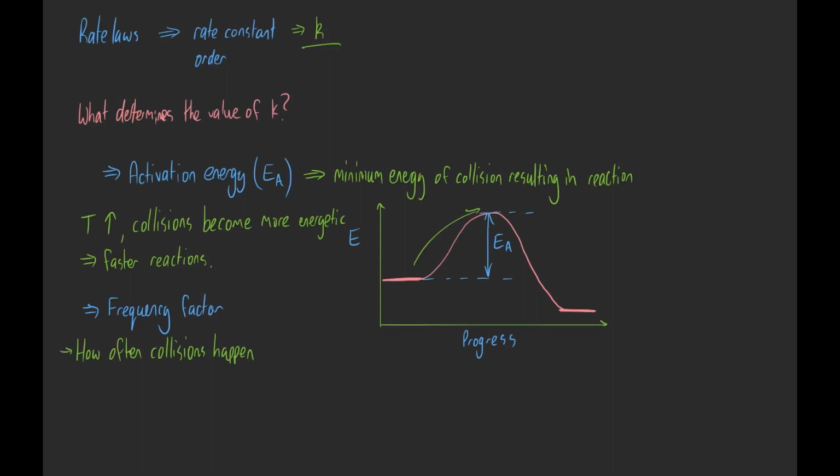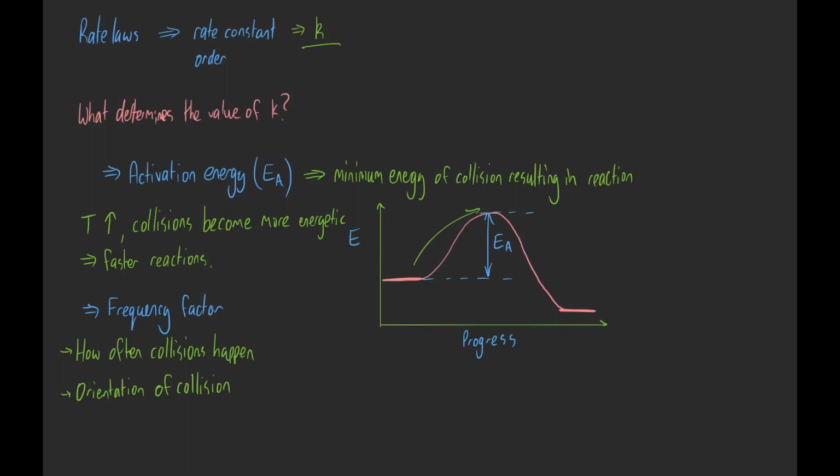So how often those collisions happen and some function of the orientation of the collision. The orientation is important because when we're breaking and making bonds, we have to orient the molecules in such a way that those atoms can form these new bonds. If the molecules are facing in the wrong direction, these new bonds won't form and the reaction will not happen.